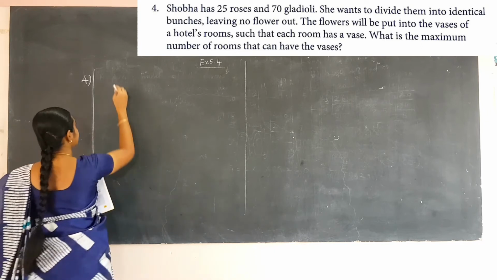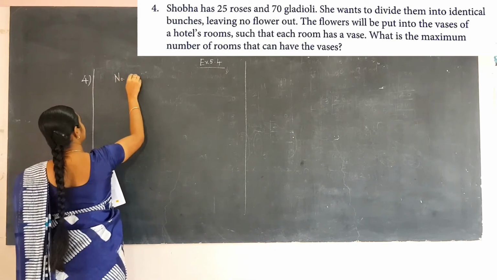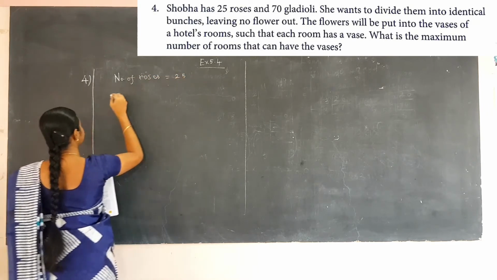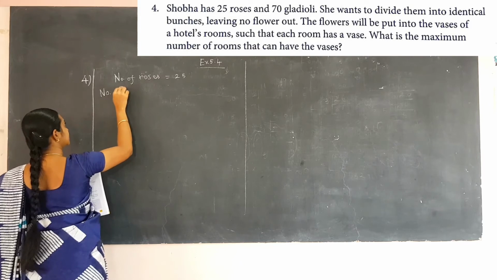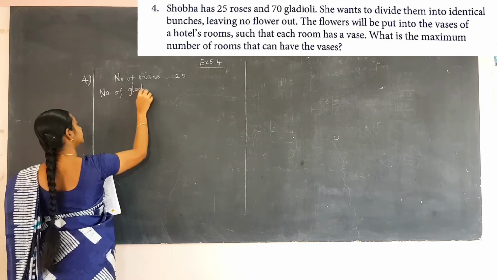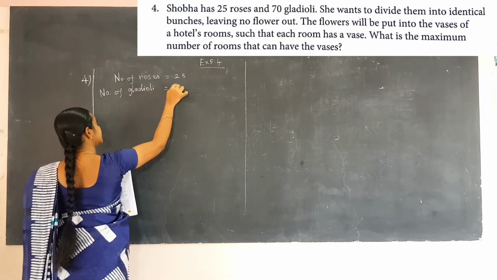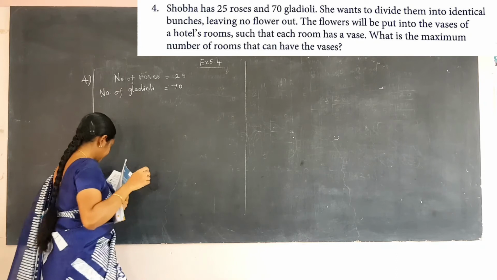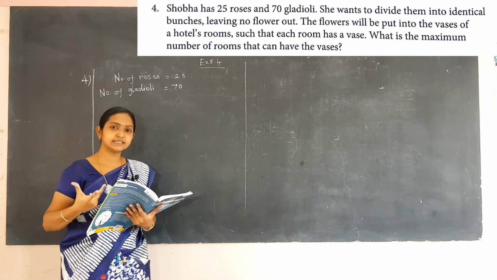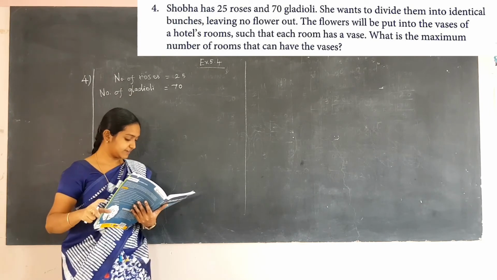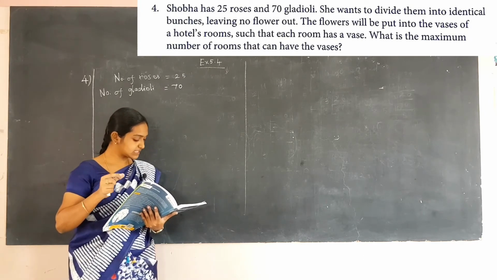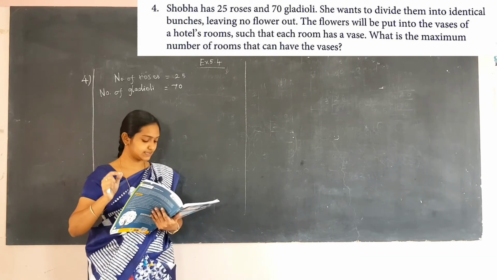The number of roses is given as 25. Next, the number of gladioli is given as 70. We have to make bunches of flowers identical and put them in a flower vase. Each hotel room has a flower vase. We have to find the maximum number of rooms that can have flower vases.